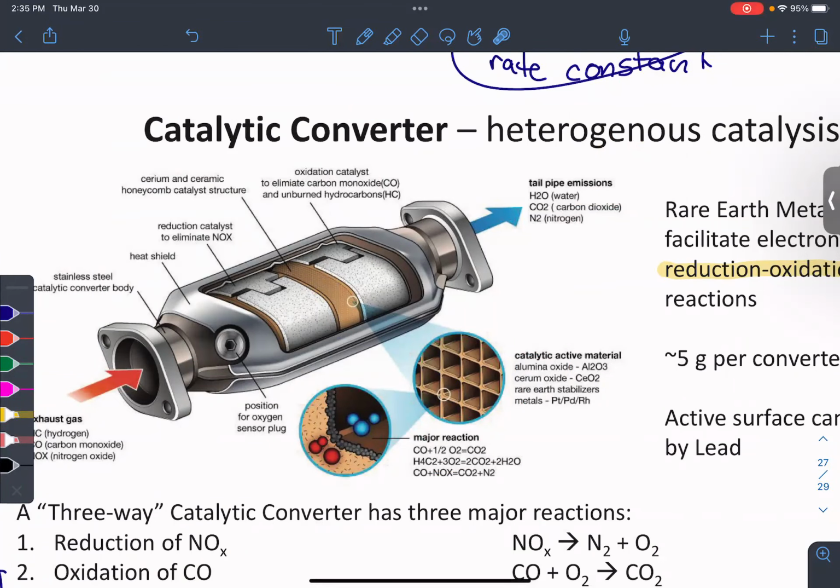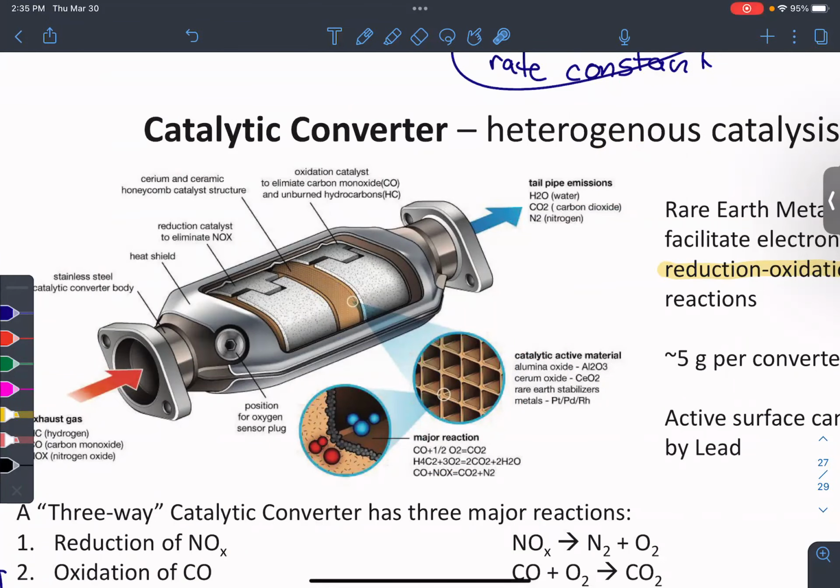With cats, they usually say get it up to around 500 degrees Celsius or so before it really starts to take off. So it all has to do with the Arrhenius equation: when T increases, the rate constant increases too. Okay, so there's a lot about catalysts. Maybe you learned something. I learned something making that slide.